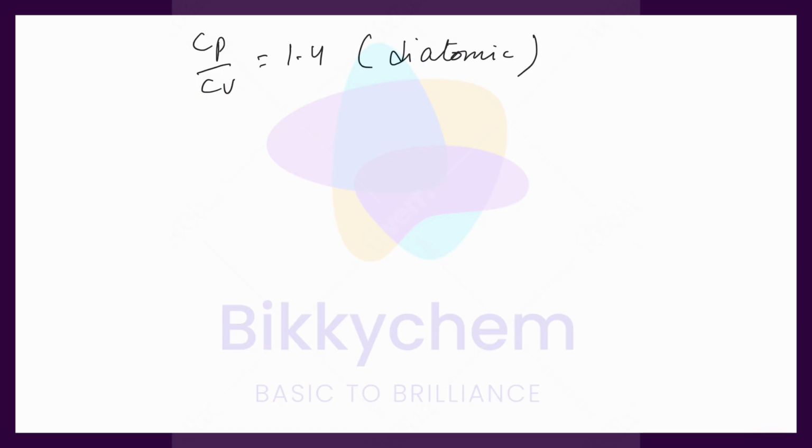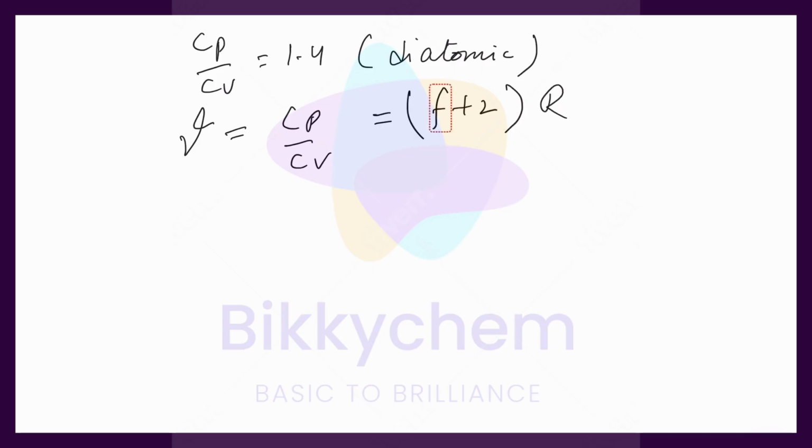How do I know it? The value of atomicity is determined by gamma, which is Cp by Cv, and that is (F plus 2) R by 2 divided by F R by 2. Cp is (F plus 2) R by 2 and Cv is F R by 2.